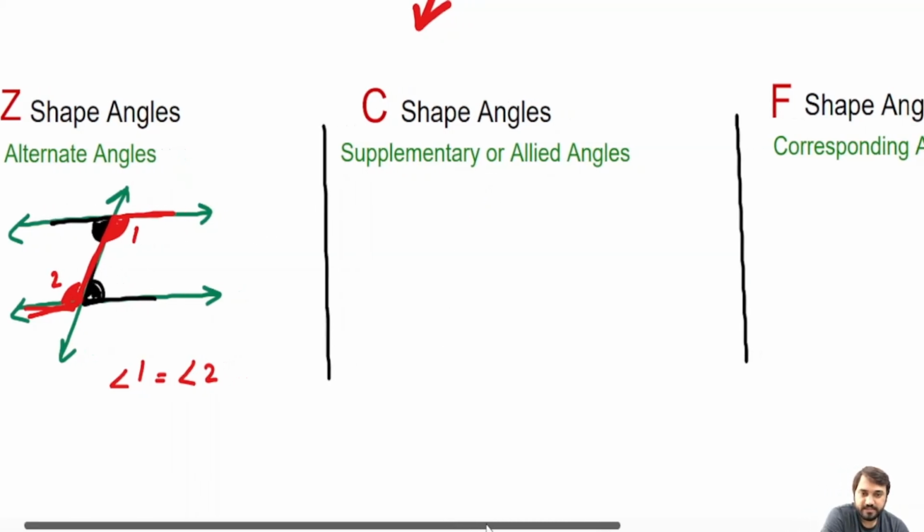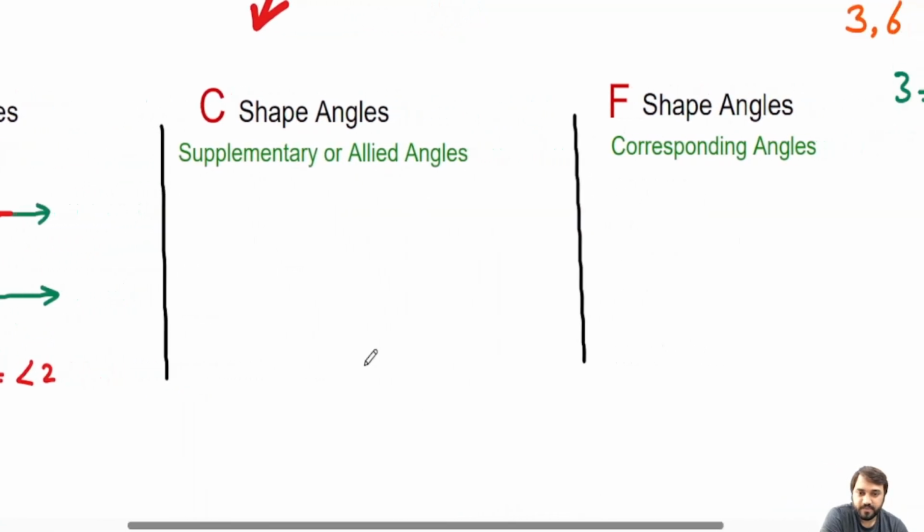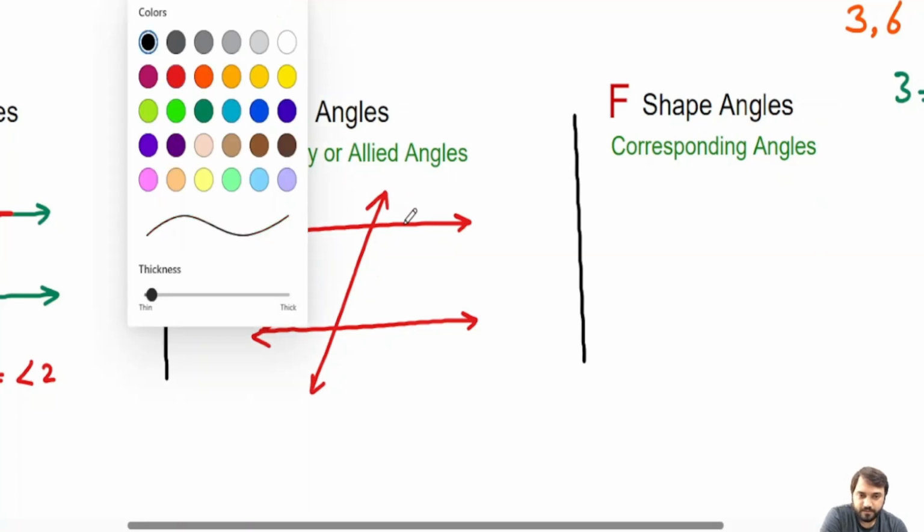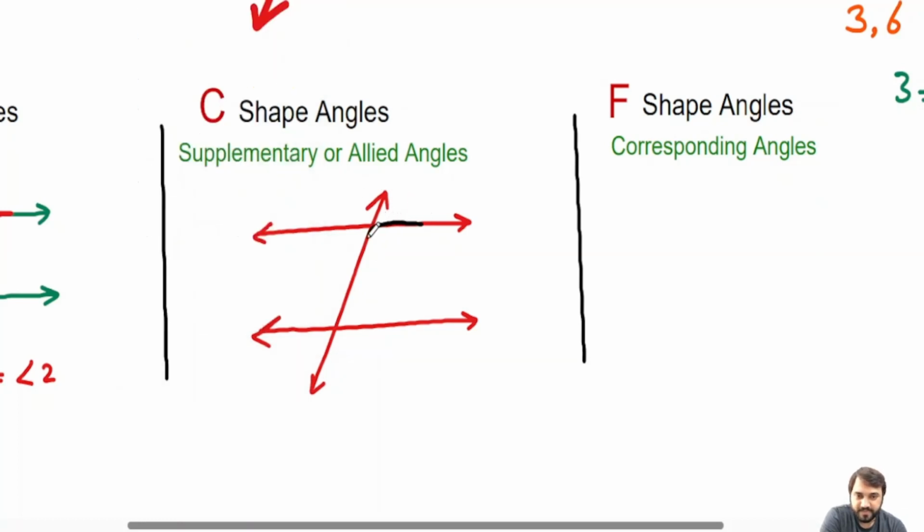Next is C-shape angles. Again, we have 2 parallel lines and 1 transversal line. So where is C? I'm talking about this C. This is our C. The C-shape angles are called the allied angles or supplementary angles.